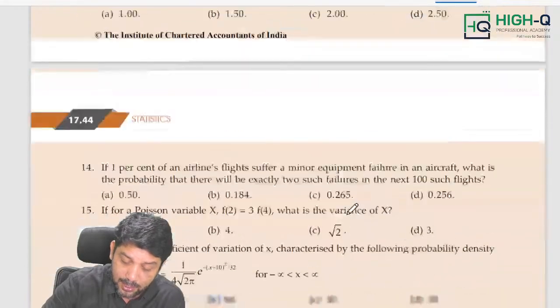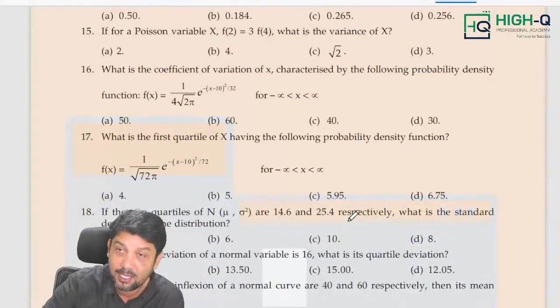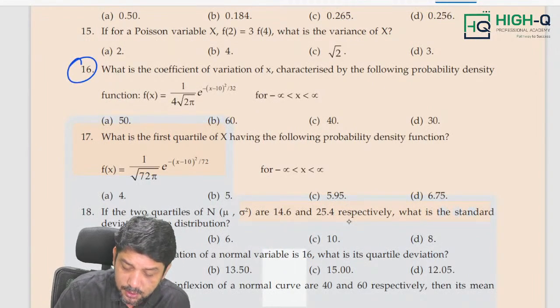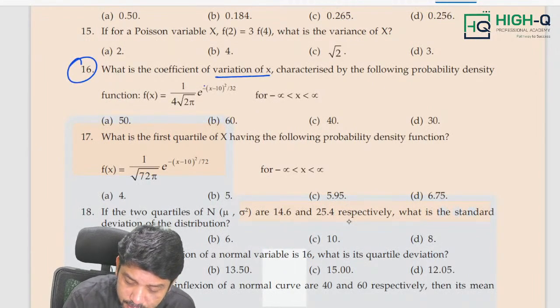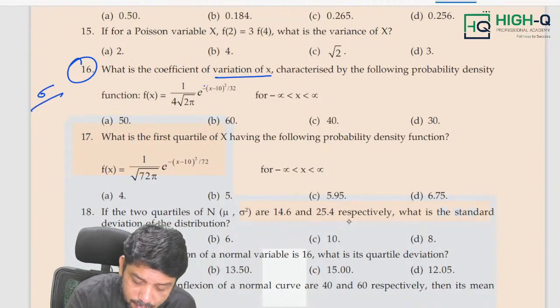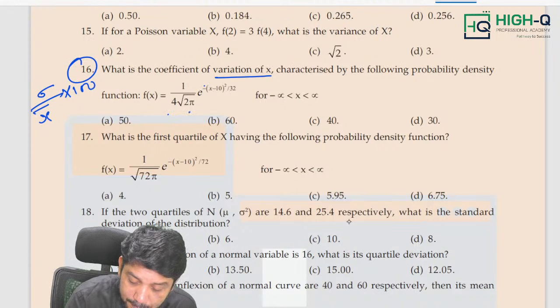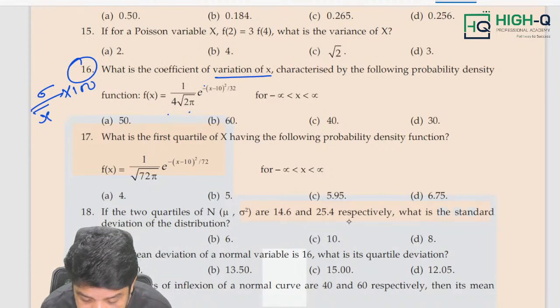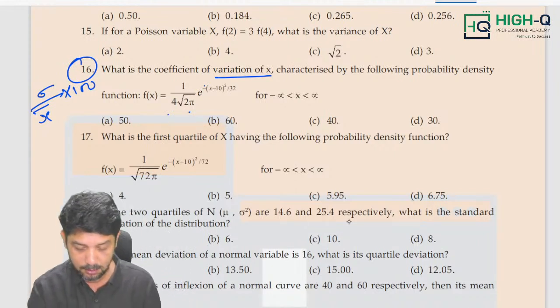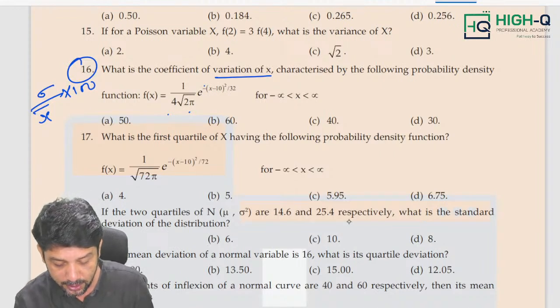Now, sir, what type of questions can be solved in the exam, that is, what type I have to prepare? Look at the 16th question. What is the coefficient of variation? Coefficient of variation formula you know: sigma by x bar into 100. Sigma is the standard deviation. Now 1 by 4 root 2 pi e power minus (x minus 10) the whole square divided by 32.